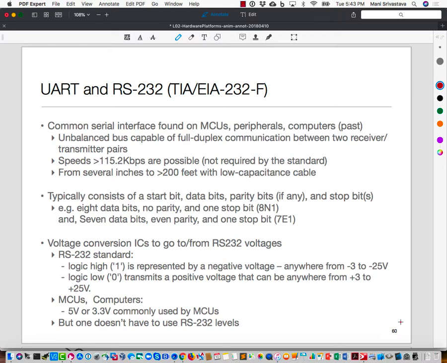So for example, if you have two mbeds talking to each other, they both have UARTs, they're both operating at 3.3 volt, you can just hook them up, no problems. On the other hand, if you get some peripheral device that says RS-232, then to connect your mbed to it, you would need a voltage converter. That's not built into mbed. That will be a separate higher voltage chip.